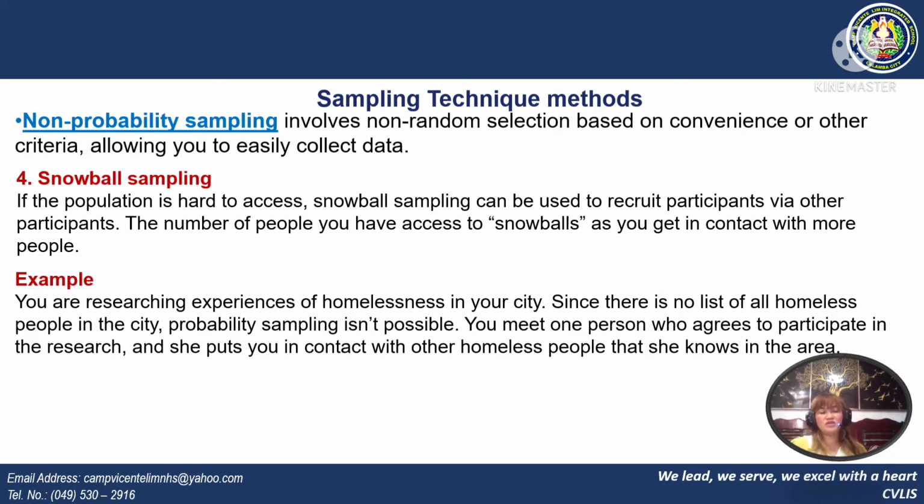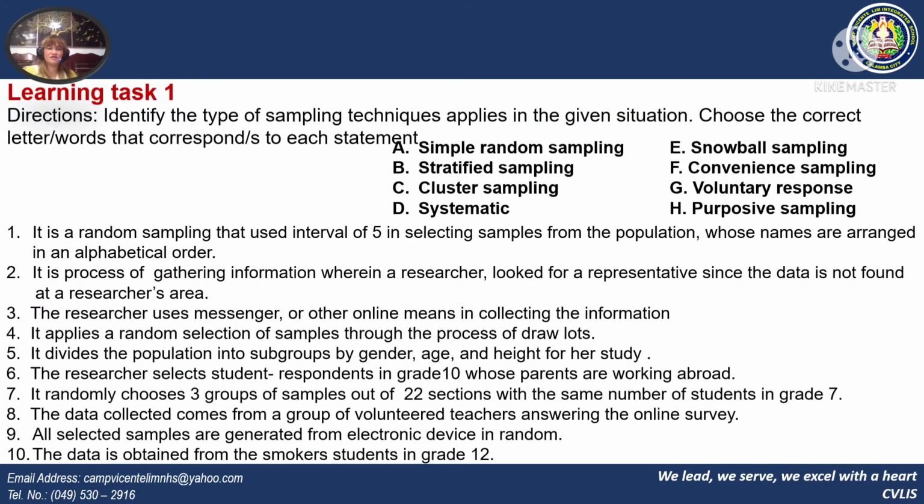Okay, so I hope that you got them all and you understand the meaning of each sampling technique, and you are already prepared for our next activity, answering the learning task for today. For learning task number 1, let me measure your understanding of the things you have learned today on probability and non-probability sampling techniques, and how you will be able to apply those concepts in selecting your sample in your future study or research.